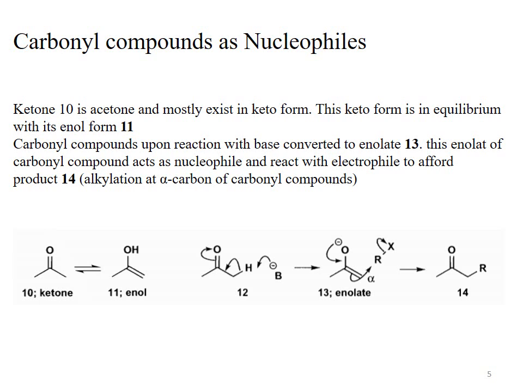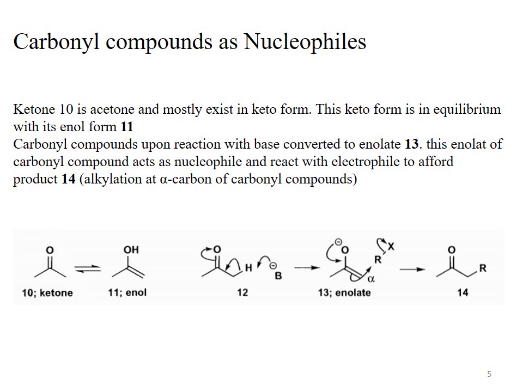So remember, I am giving you a hint. When the carbonyl compound is converted to enolate, then the carbonyl compound acts as a nucleophile, and the alpha carbon is alkylated.